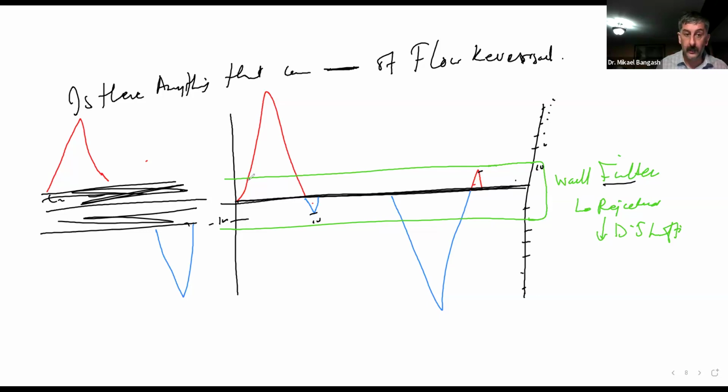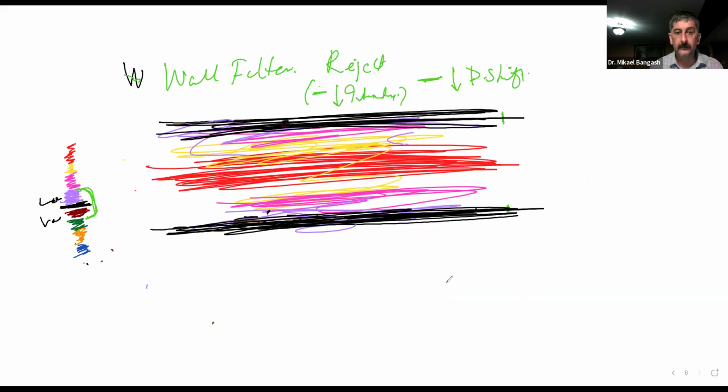But it will only filter out the low frequency Doppler shifts and leave the strong ones alone, just like reject only eliminates the low intensity signals but leaves the strong signals remaining. Is that clear?